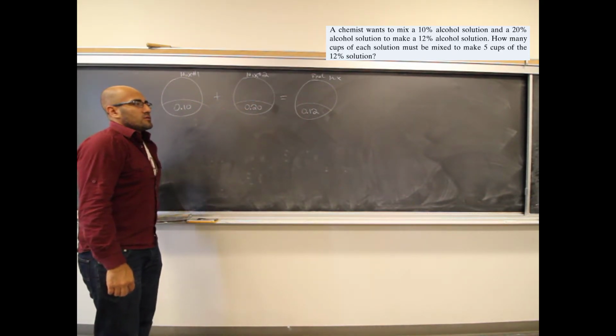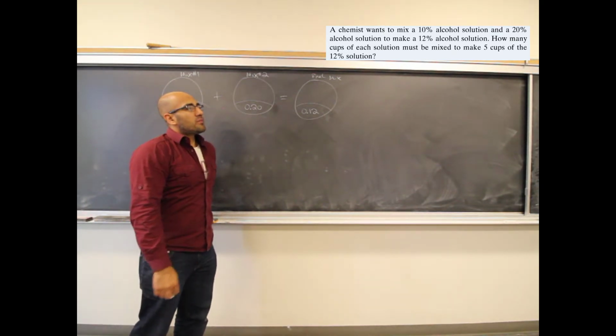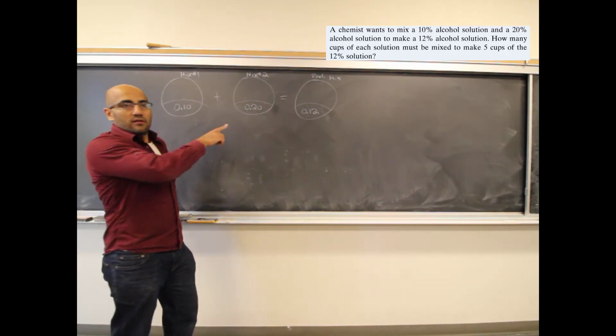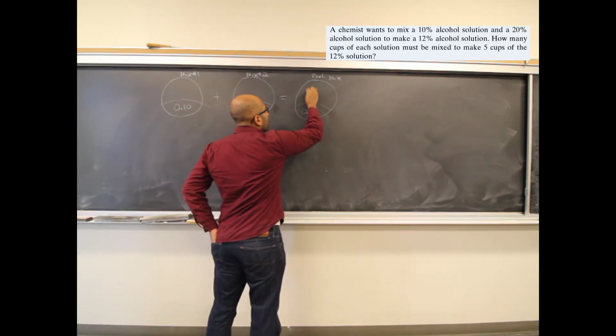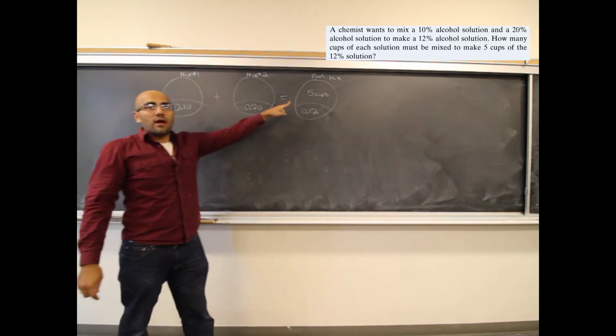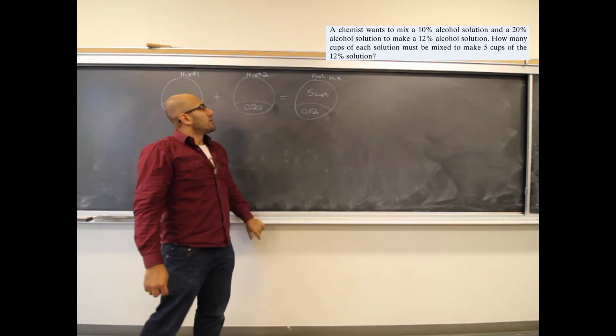What else do we know? How many cups of each solution must be mixed to make 5 cups of 12%? So the final mixture has a total volume of 5 cups, right? Good. I want my final mixture to be 5 cups. Good.